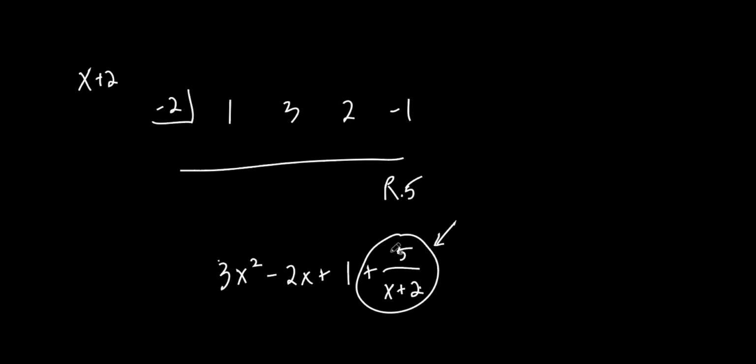Let's do number 21. Okay, so I'm doing number 21 on section 4.3. So it's x to the 5th plus 32 divided by x plus 2.